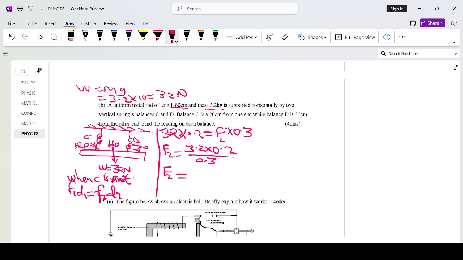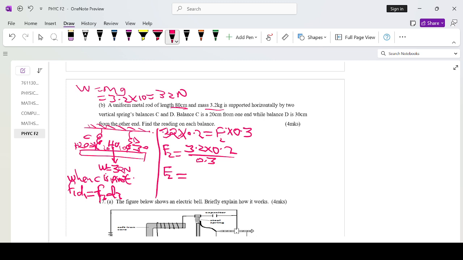So that distance is 30, F2 is F1 times 0.3. I'm getting that as, just a moment, I'm having a review. So 30 times 32. Why is it coming like that? Let me just see.